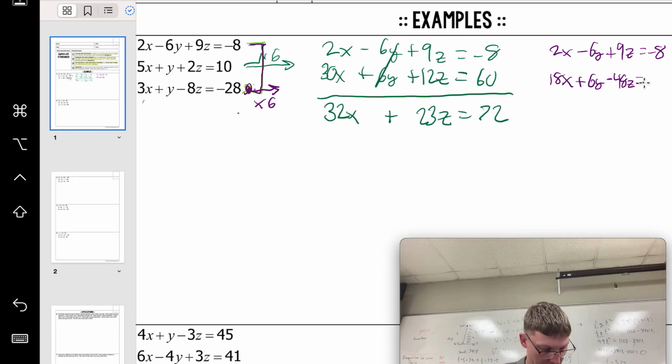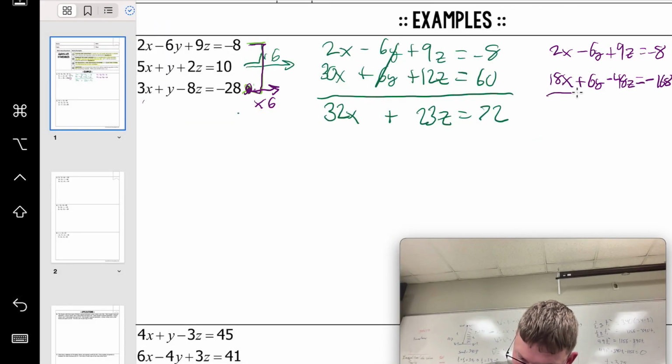I'm doing it on my calculator. 6 times 28 equals -168. So then we are going to add those two together. Again, we strategically picked to make sure these signs were opposite, so we don't have to do anything else. We're just going to add.